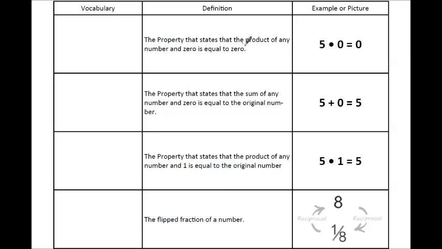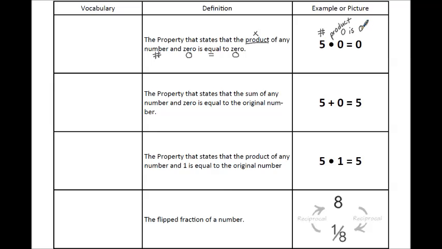The property that states that the product, which means multiplication, of any number and 0 is going to be equal to 0. So when I multiply a number and 0, my answer should be 0. So product is what we're getting from the multiplication sign, and I have a number times 0, and that is 0.